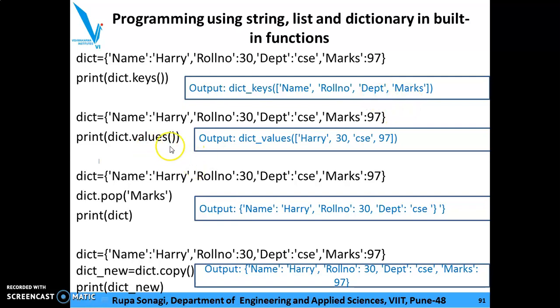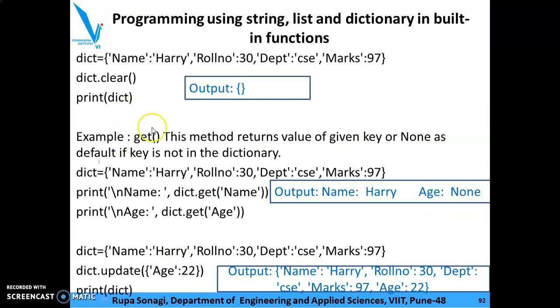Like that, we can extract the values from a dictionary. Now we have the pop function, dict.pop("marks"). So I can remove the marks element from the dictionary. In the same way, I can make a new copy of the given dictionary.